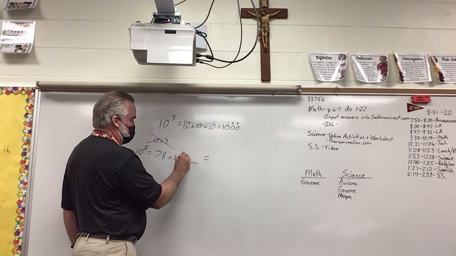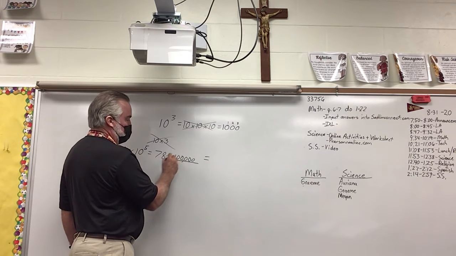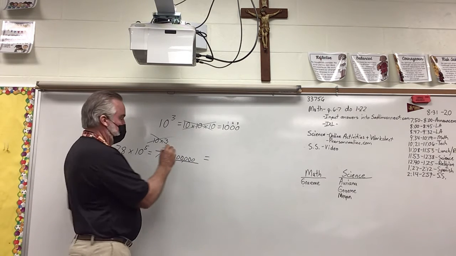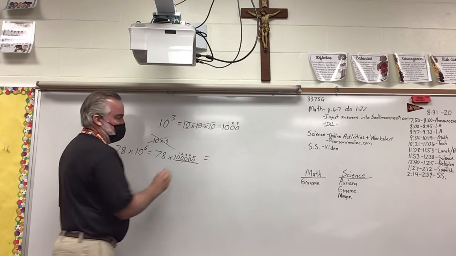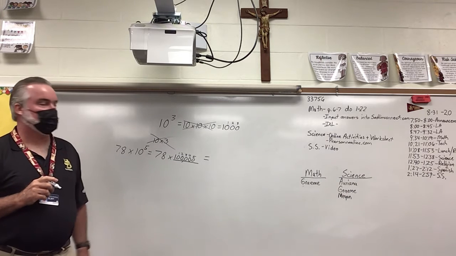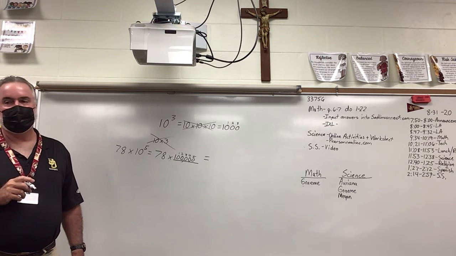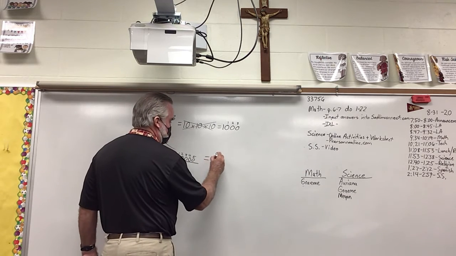1, 2, 3, 4, 5 zeros. 100,000. What's 78 times 100,000? 7,800,000.